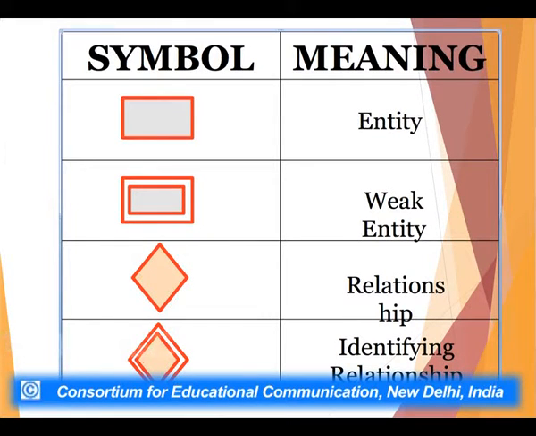For example, the rectangle is used to show an entity. The double rectangle is used to show a weak entity. A weak entity is basically an entity which is existence dependent on another entity. That is generally created when we have a many-to-many relationship in the database.